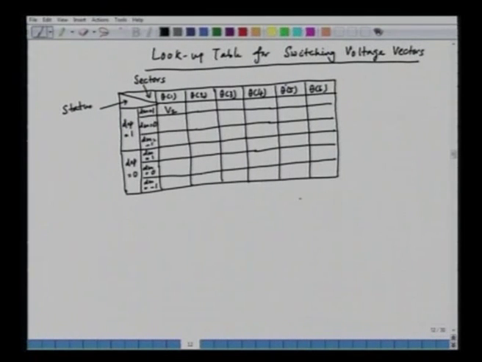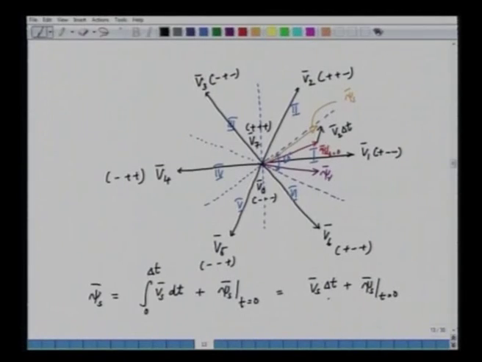Okay. And then if you come to the next condition under this sector 1, theta 1, that d psi equal to 1 and dm equal to 0. The flux has to be increased, but the torque should be maintained as it is. Now, if you see this equation, if we want to maintain the torque, gamma should not be changed. What is gamma here? Gamma is the angle between the rotor flux and the stator flux.